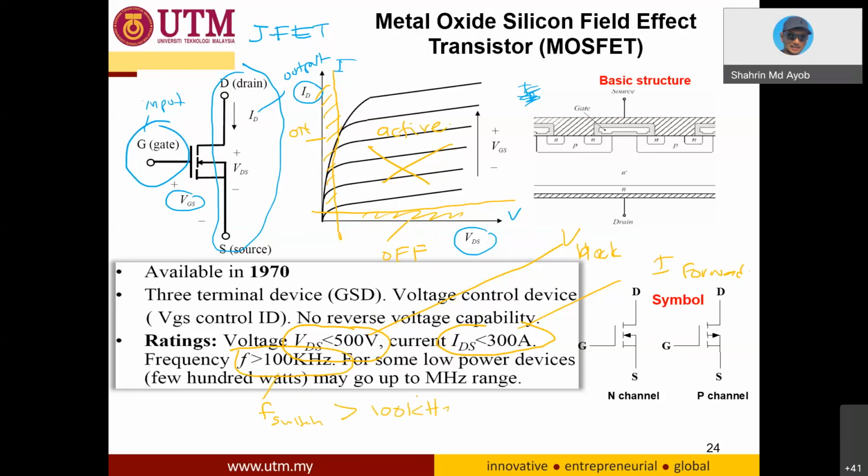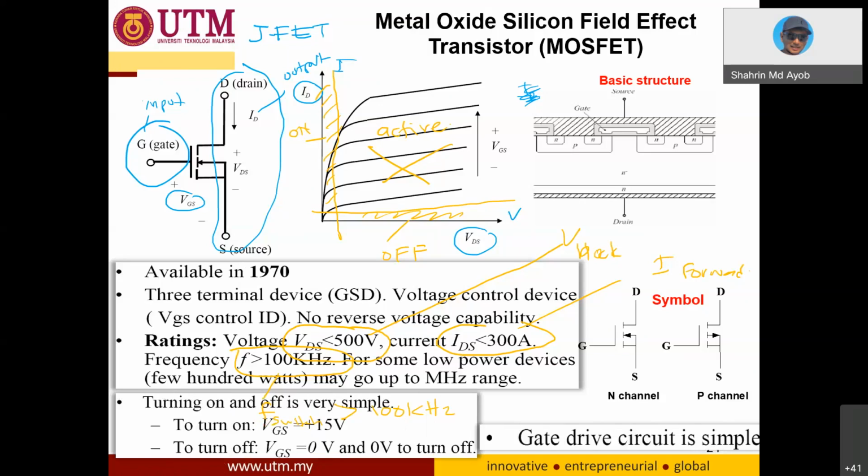There are no other transistors that can be switched at this very high switching. So MOSFET is the king in terms of switching. But the voltage and current are very small. That is the limitation.